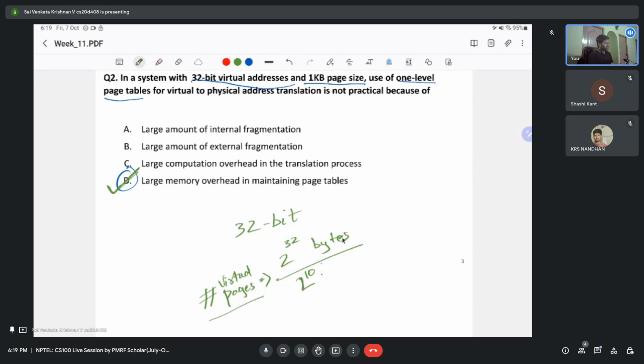And since you are just using a one level page table, you should allocate these many entries at the very start into your one level page table. But the real world application would not be using all these pages at the same time. Some of these pages would not be used at all based on how your application flows.